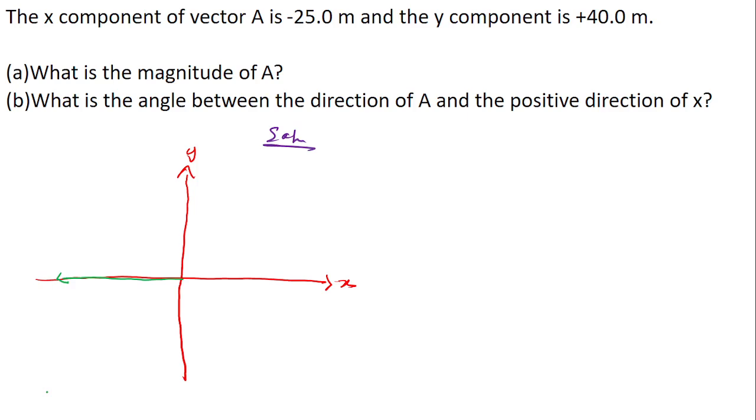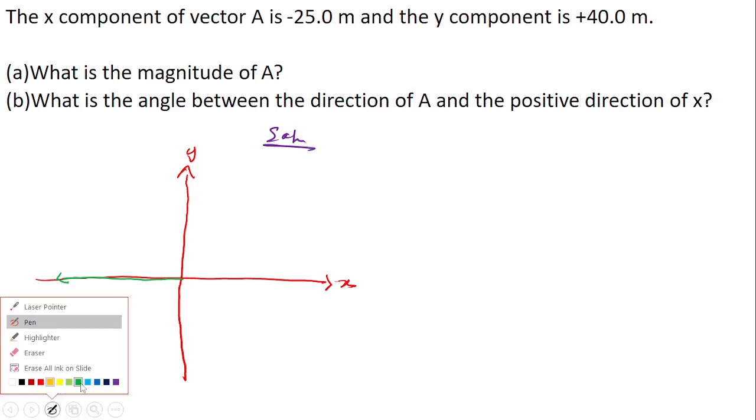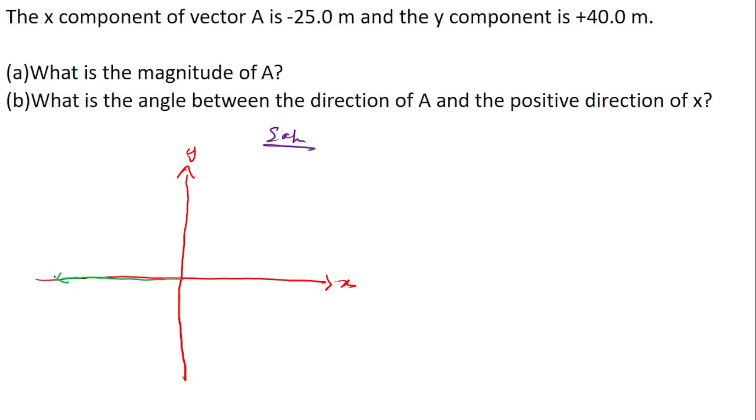We move from the origin, then go up like that. After that, we can sketch the resultant. So this is the resultant A, and you know the ax is equal to negative 25.0 meters.